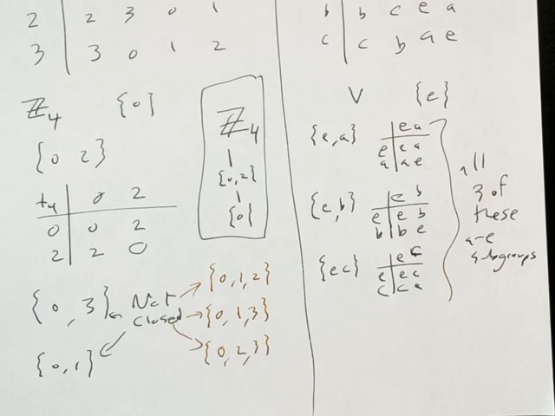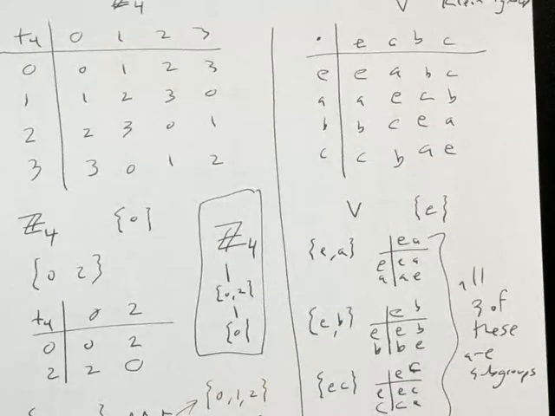Here's another way I know 2 groups are fundamentally different. Z4 only has 2 proper subsets. V has 4 so far. EB, EC, just. What about the others?